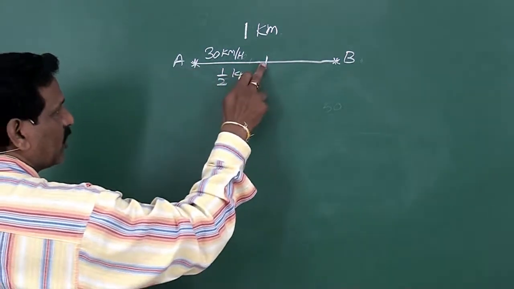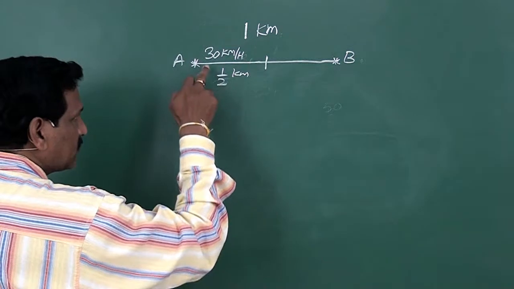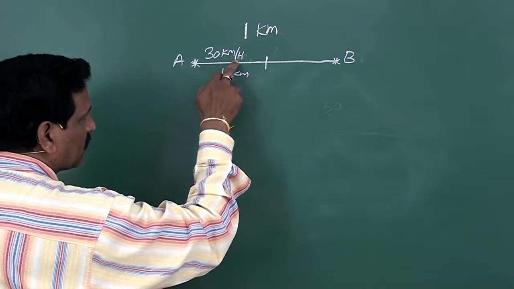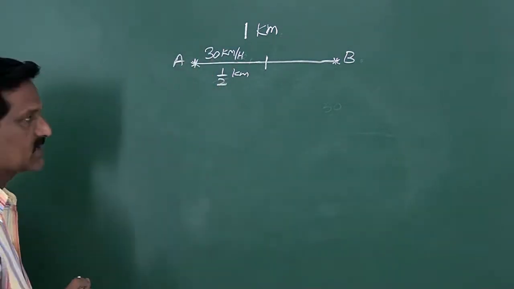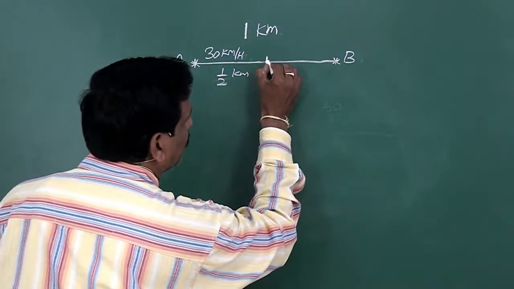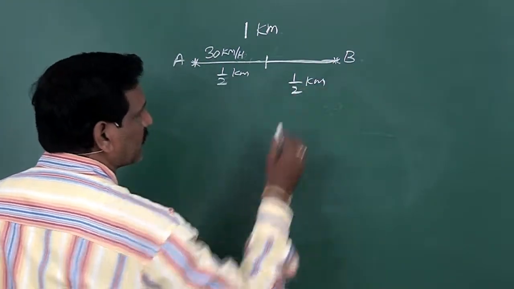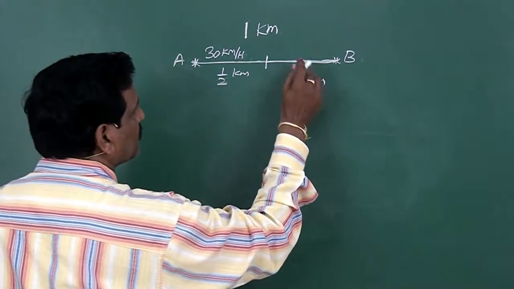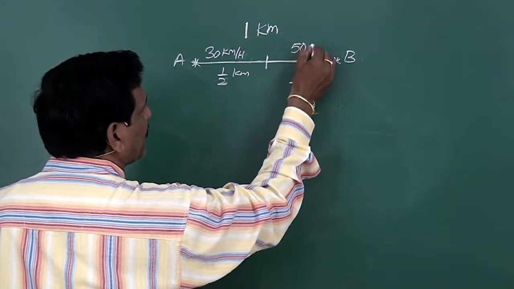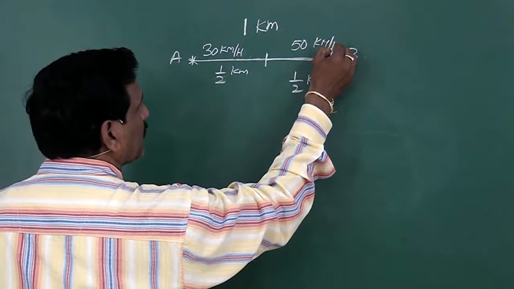So the first half kilometer distance the car covers with a speed of 30 kmph. And the second half distance, this is the second half distance, means again half kilometer. This distance is covered with a speed of 50 kmph, that is kilometer per hour.